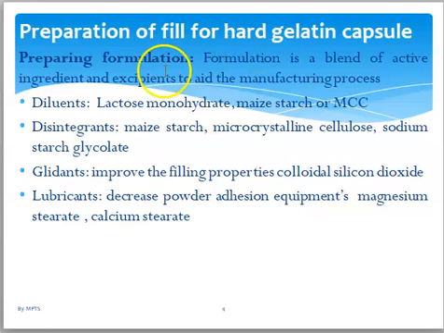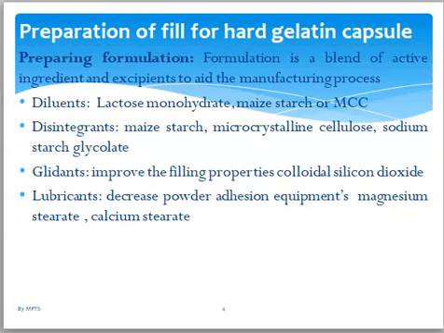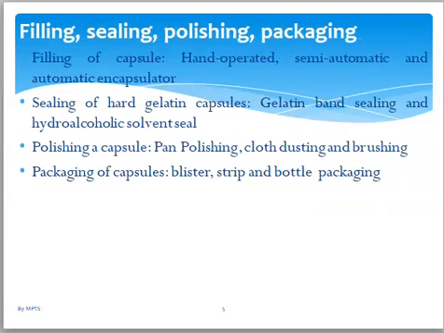So we have a diluent, disintegrants, and ensure you know the use of each. Glidants, lubricants, and others. We don't need the color, but color can be required in the pellets.